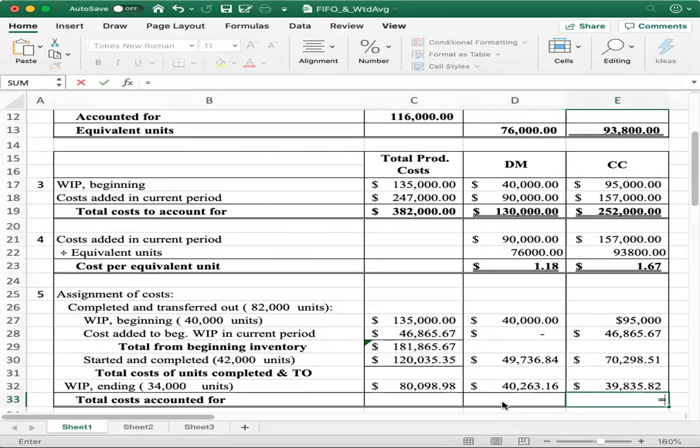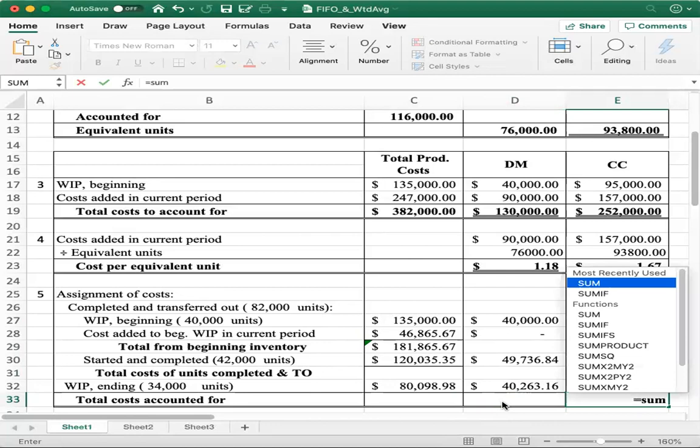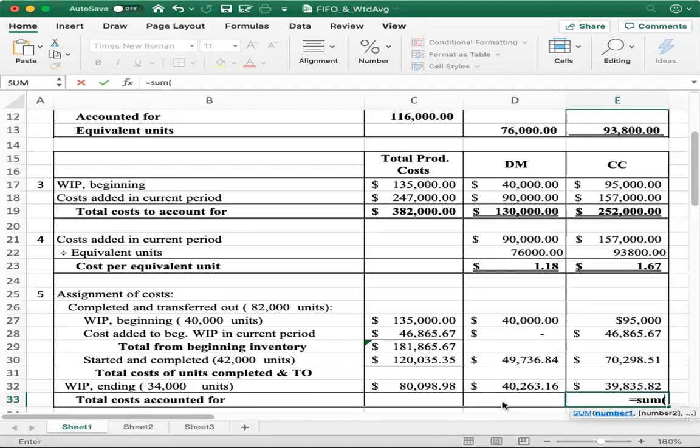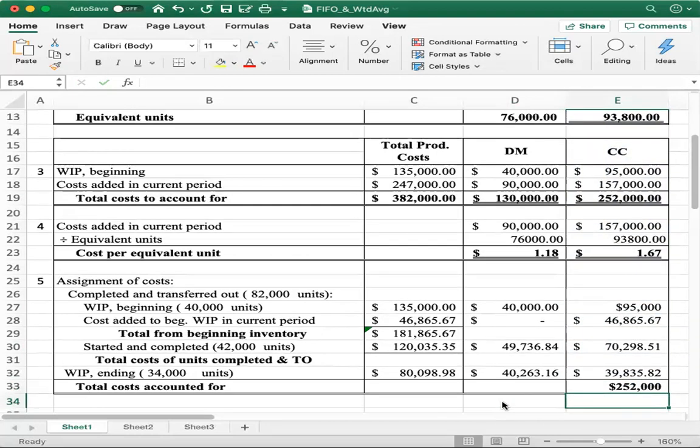Now you add the total cost to account for. So here we are going to do sum of. So we are starting to add our E27 all the way to E32. That's 252,000. All right. And then we'll do the same thing for our D column.